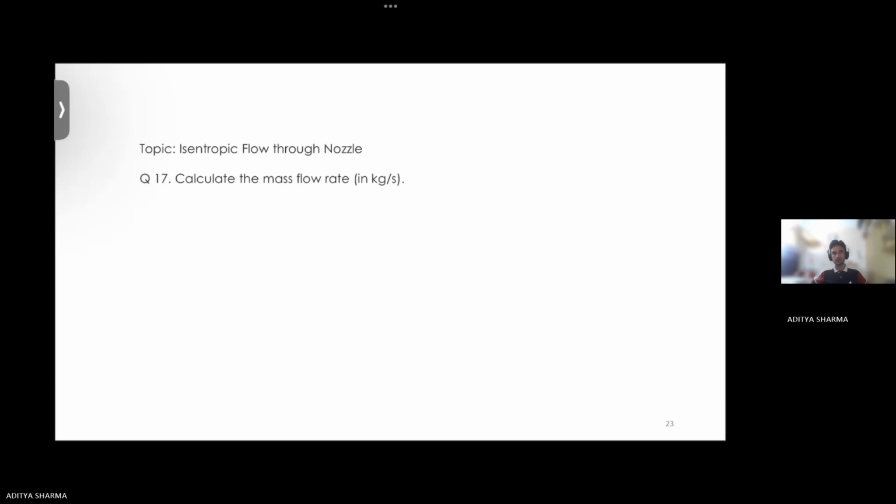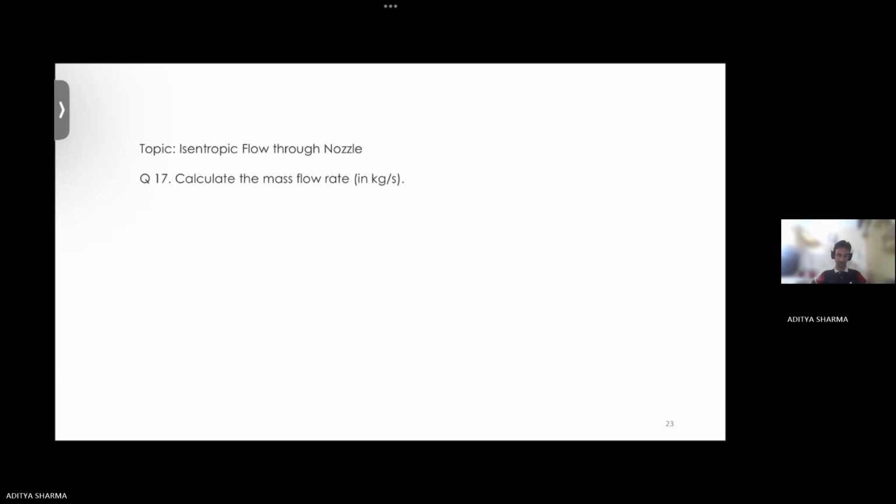Mass flow rate is rho A V, or rho A u, where u or V is velocity, rho is density, and A is area. So we have area, but we don't have velocity, but we have Mach. And if we can find out the speed of sound at exit, then we have velocity also. And to find density, we will use the ideal gas relation, which is P equals rho RT.